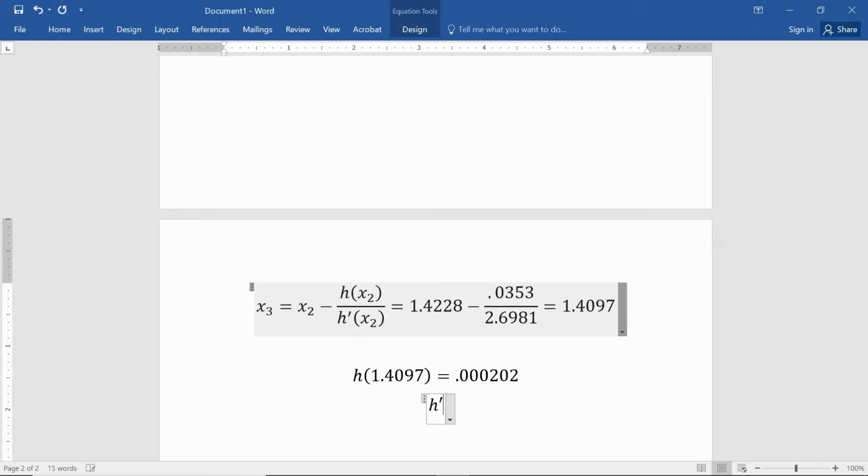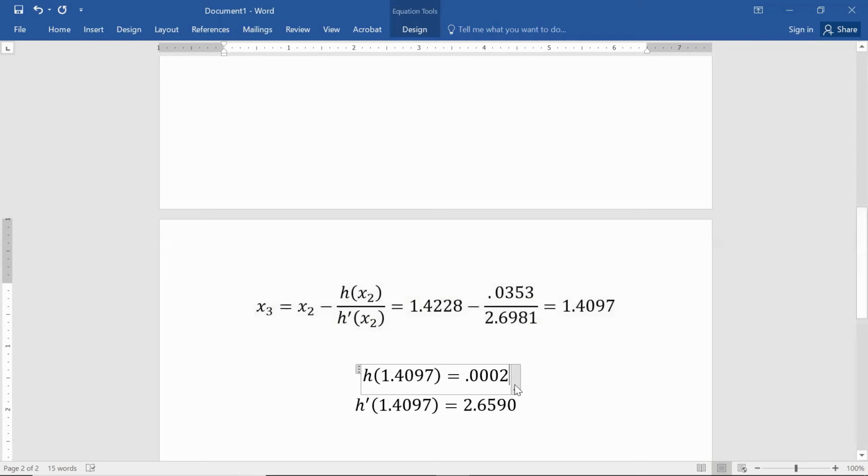If I plug that number, the 1.4097, into the derivative, I get out a 2.6590 when I round to 4 decimal places. If I round to 4 decimal places up there, I'd get 0.0002.